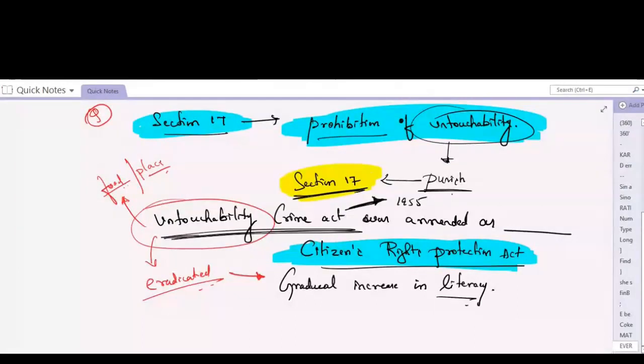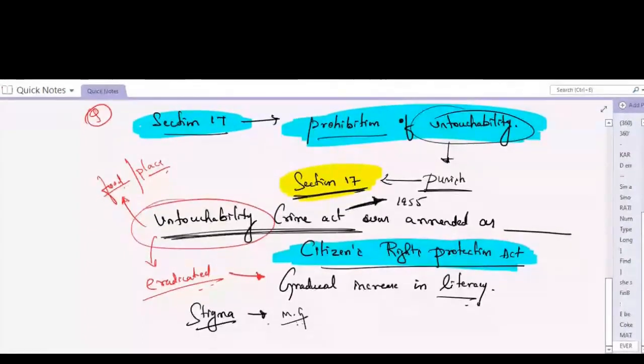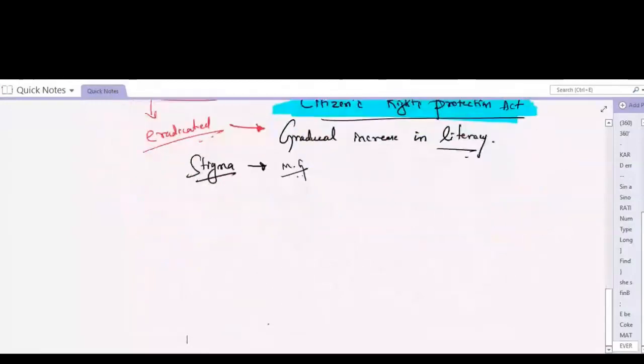Now, who called untouchability a stigma on the Hindu society? Who called untouchability a stigma on the Hindu society? Answer is Mahatma Gandhi. Okay, Mahatma Gandhi. Got it?